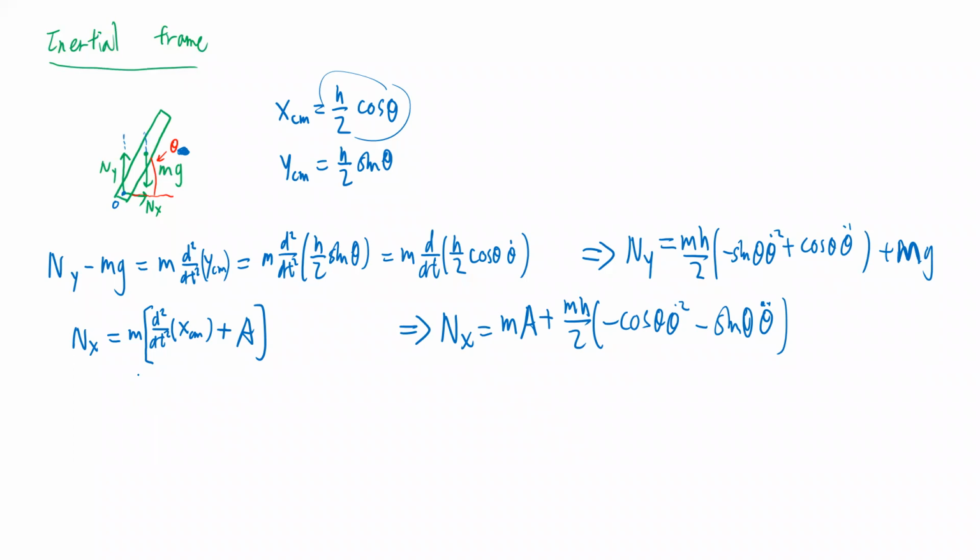The torque, I have already done it previously: it's Nx times this minus Ny times this, and that would be equal to the moment of inertia of the rod, which I'm just calling I_CM because of rotation about the center of mass, times theta double dot.